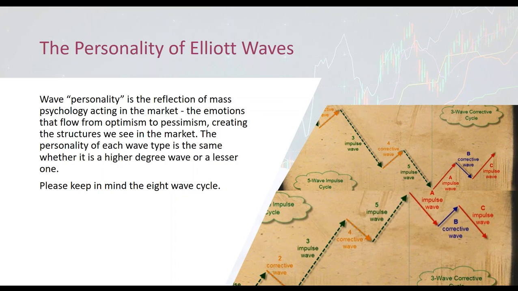So we have impulse wave, correction wave. So impulse wave 1 goes up. Now we can use the distance that impulse wave moved in price to help project what? Impulse wave 5. Correction wave 2 would not be able to fall lower than wave 1. So each wave's got a set of rules.